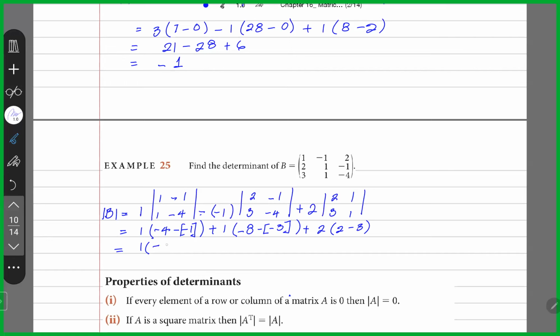So it's 1 times minus 3 plus 1 times minus 5 plus 2 times minus 1. So this looks like minus 3 minus 5 minus 2, which is minus 10.